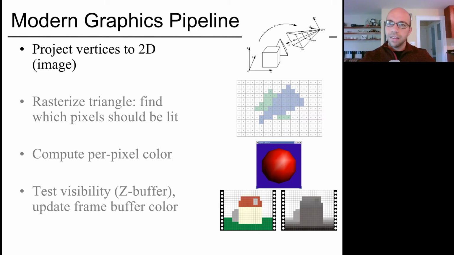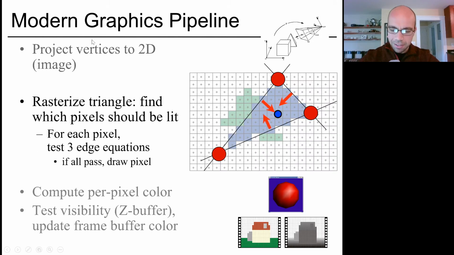The first thing that we'll do, as we take in a new triangle, is project its vertices onto the image. When we rasterize the triangle, in other words, when we generate fragments, we can do that as a purely two-dimensional computation. We don't need to rasterize a 3D object. We just take the 3D vertices, put them on the 2D grid of the image we're going to render, and then figure out what pixels to turn on.